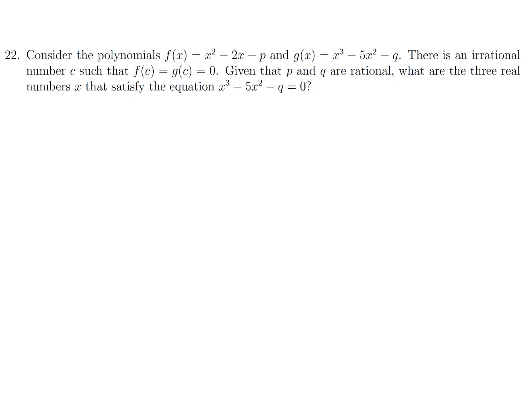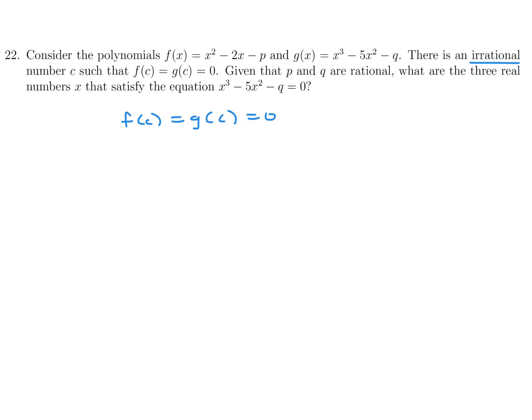Consider the polynomials f of x and g of x. There is an irrational number c such that f of c and g of c equal 0. Given that p and q are rational, what are the three real numbers that satisfy x to the power of 3 minus 5x squared minus q is 0? So f of c and g of c are equal, and they're equal to 0.